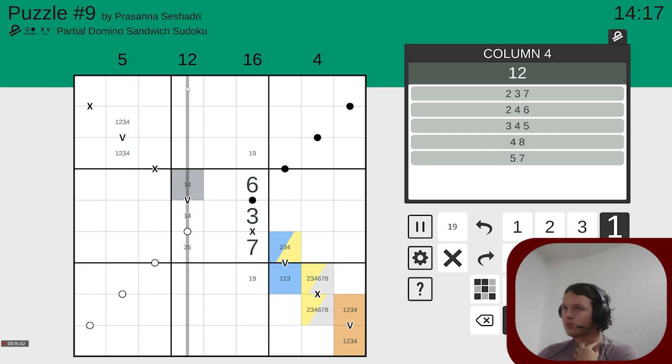Okay, I think this column 12 will help us. If this is a 1, well, we also know 1 or 9 can't go there, but that doesn't help.